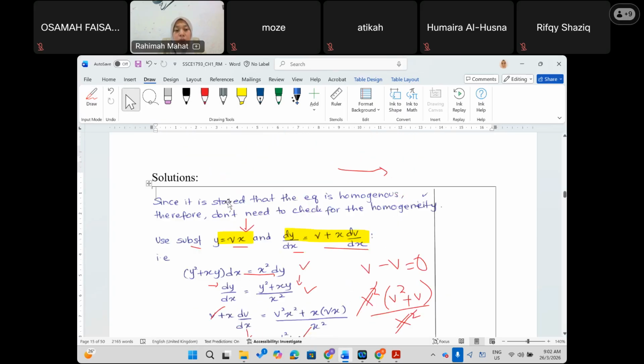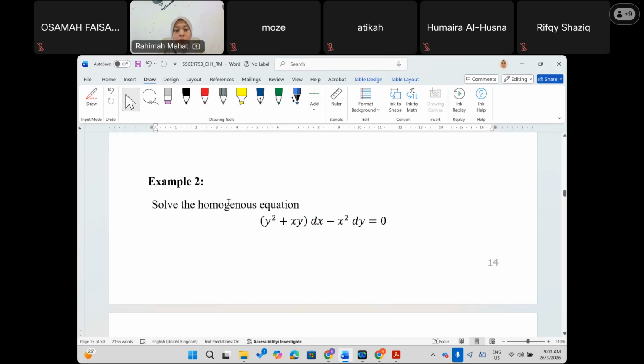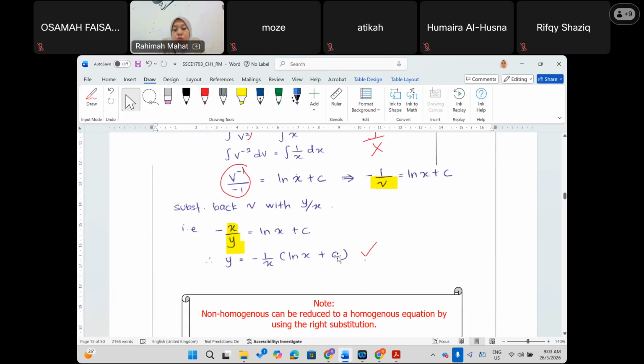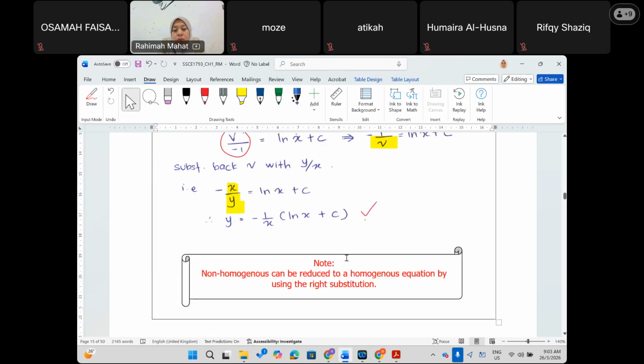But for this example, the IVP or BVP is not given to you, so you no need to find the value of c here.